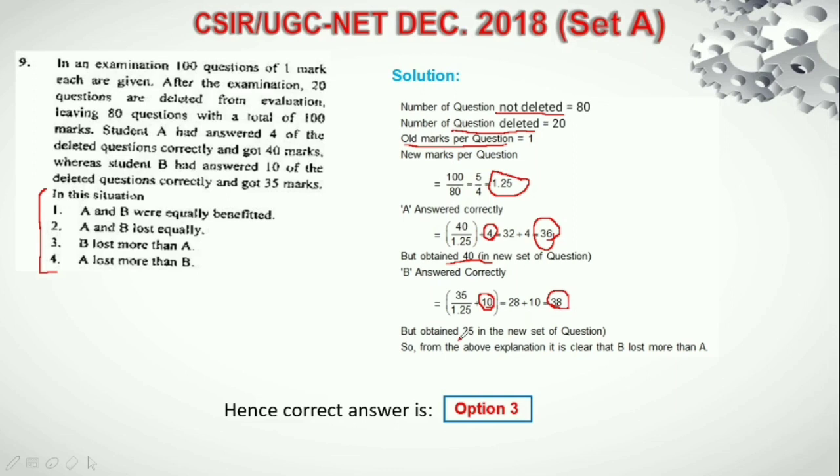So this means he has 3 marks less as compared to the old scheme. So from these two, it is clear that B lost more than A. So option 3 is the correct answer.